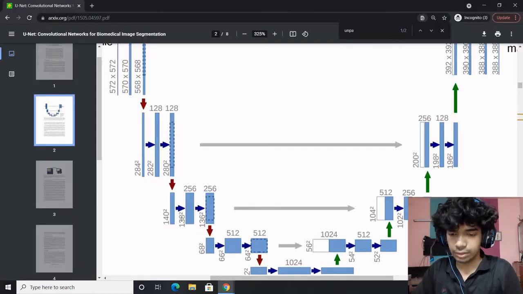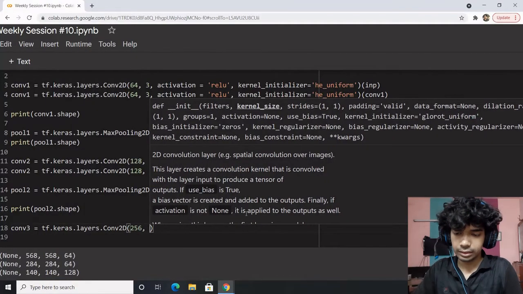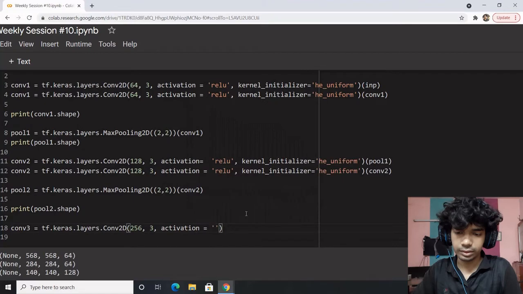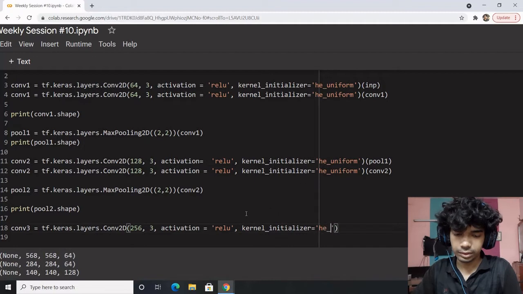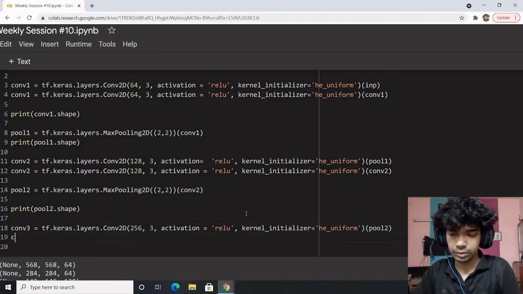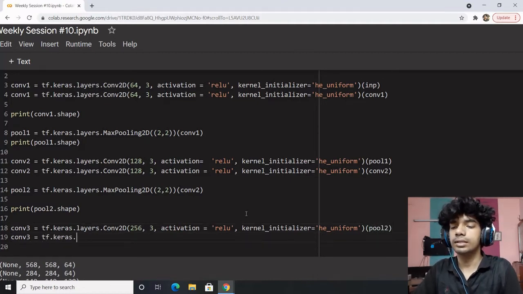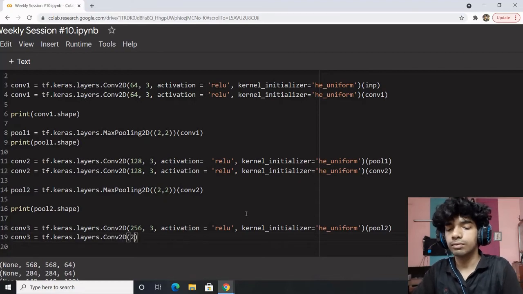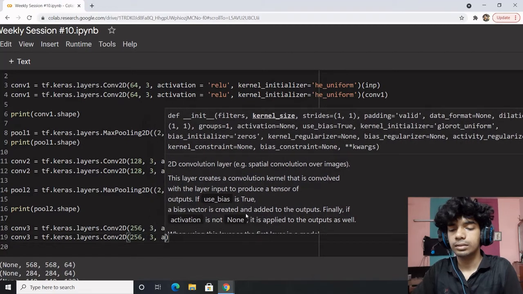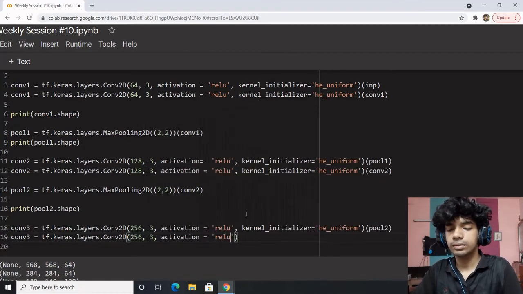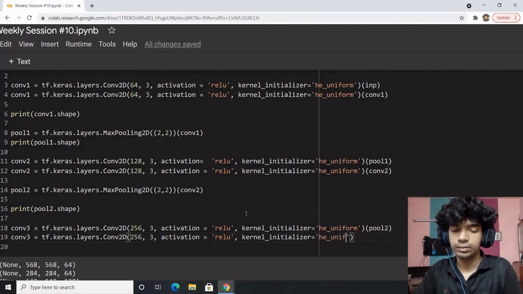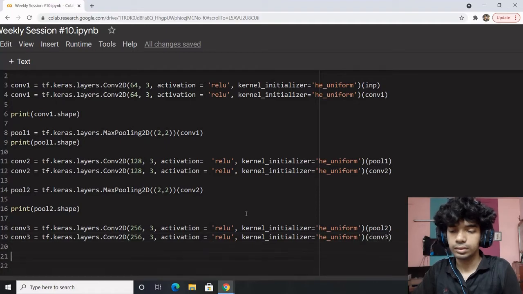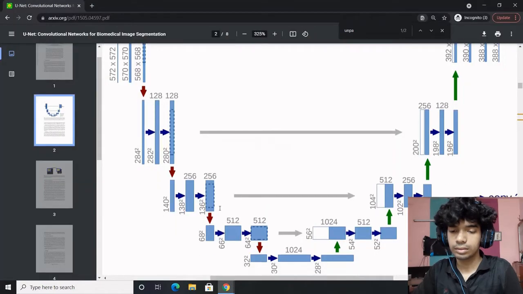That's how it is. 256, 3, activation equals relu, kernel initializer equal to he_uniform. Pool 3 conv3 equals tf.keras.layers.Conv2D 256, 3, activation equals relu, kernel initializer equal he_uniform, convolution 3.